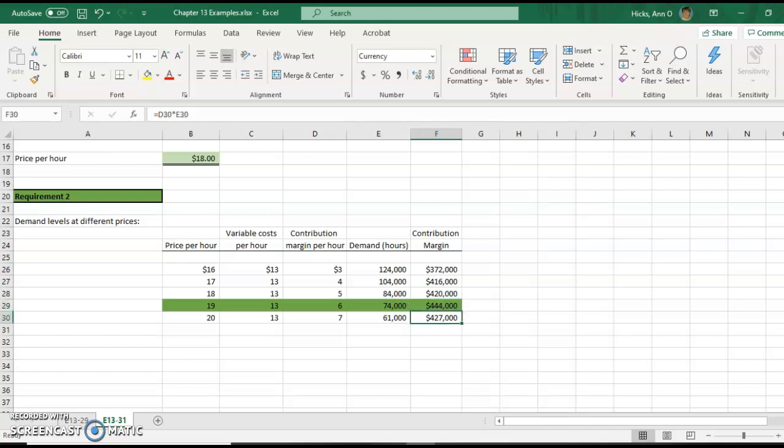When we go to $20 per hour, the demand drops such that our contribution margin and therefore our operating income will actually decrease. This is where we look at the market for the pricing. Yes, we can have a cost plus at 20%, but what does the market say about it? And the market basically says we can actually charge a little more than that, which will, of course, hit our bottom line.